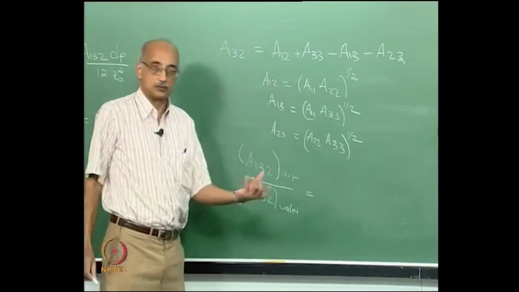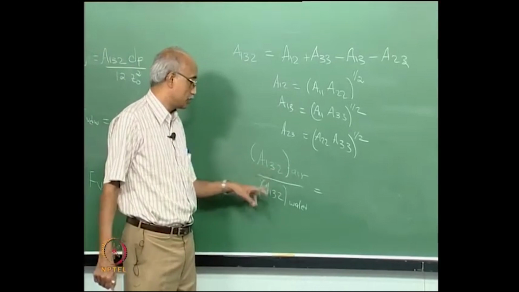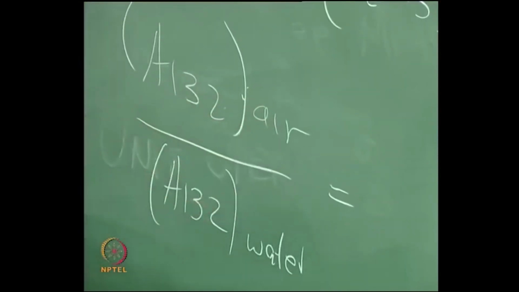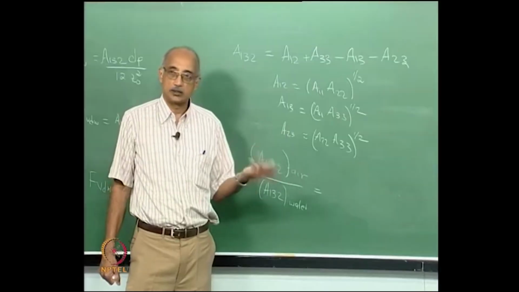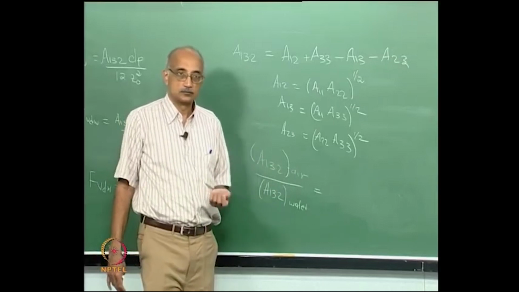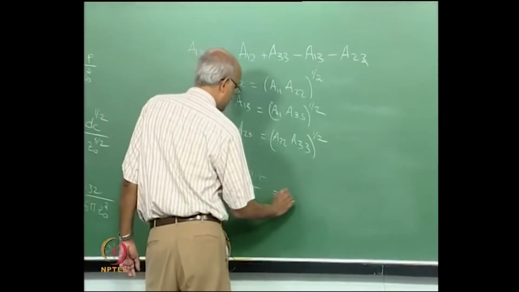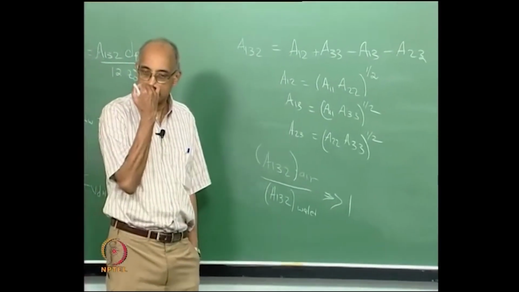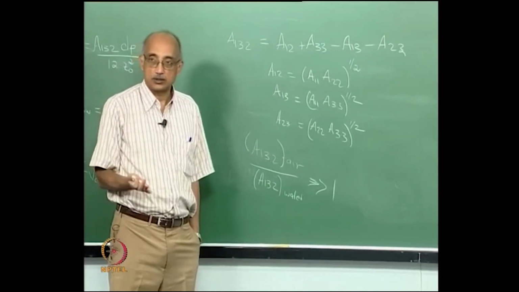If you take the ratio of the system Hamaker constants, the only change being that 1 and 2 are the same, 3 has now been changed from air to water. What do you think will be this ratio? Will it be close to 1, less than 1, greater than 1? Much greater than 1. In other words, the Hamaker constant is much lower when the intervening fluid is a liquid such as water.